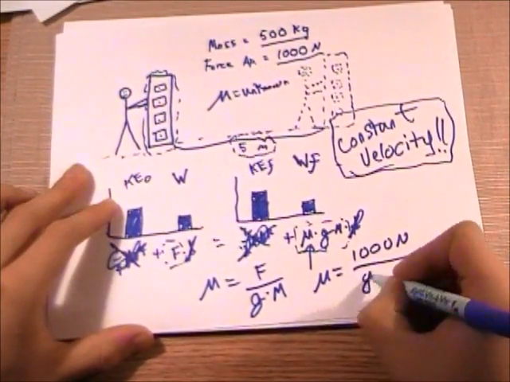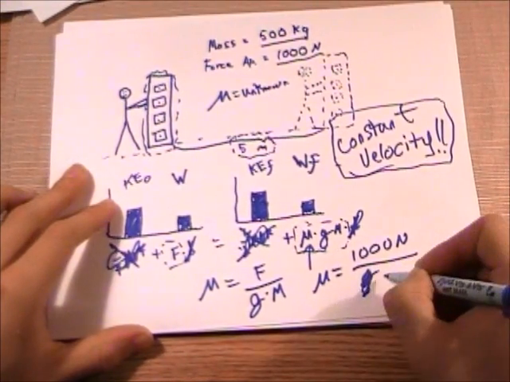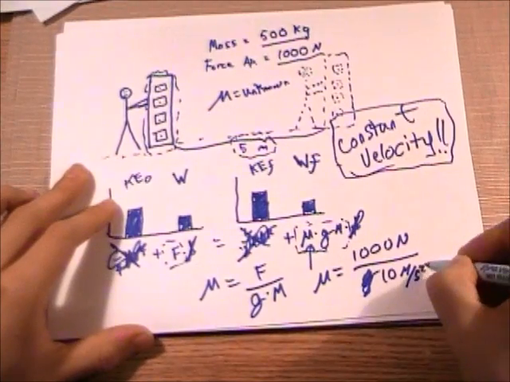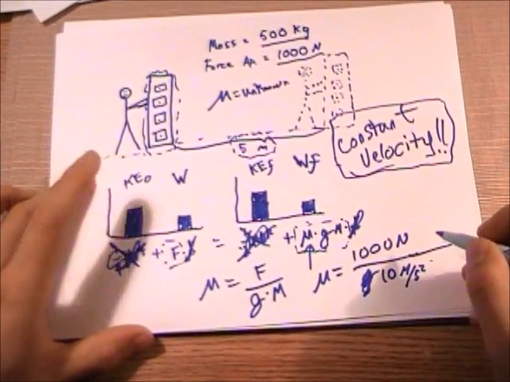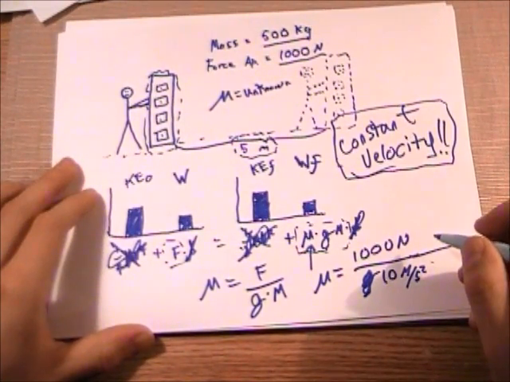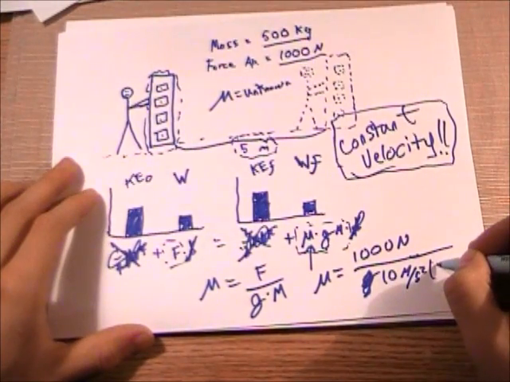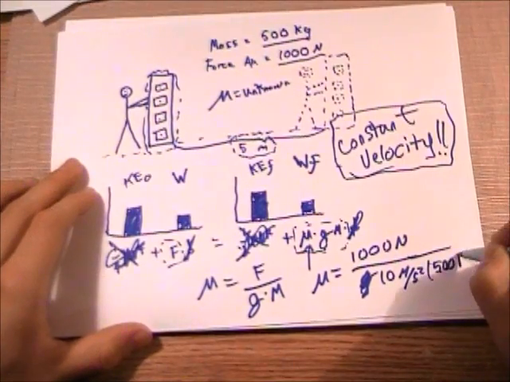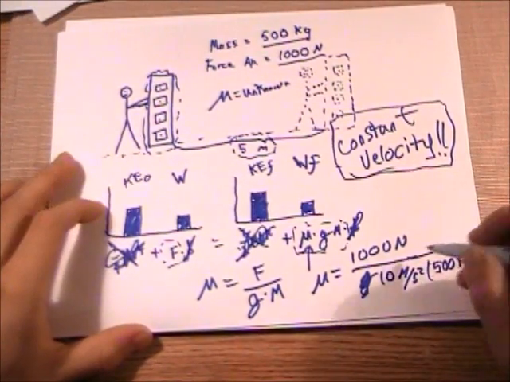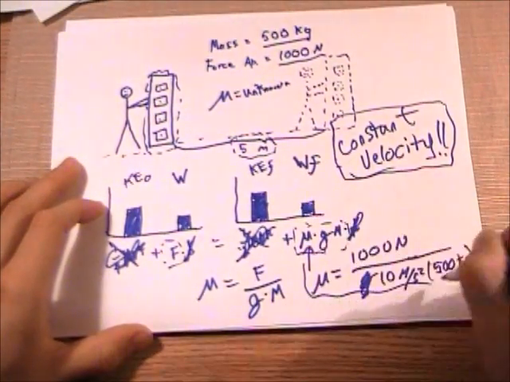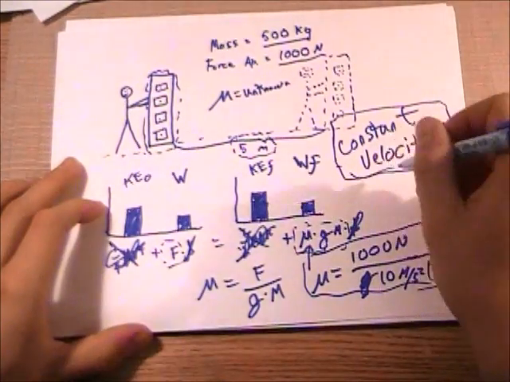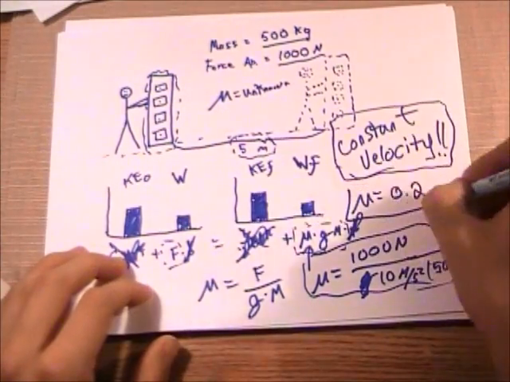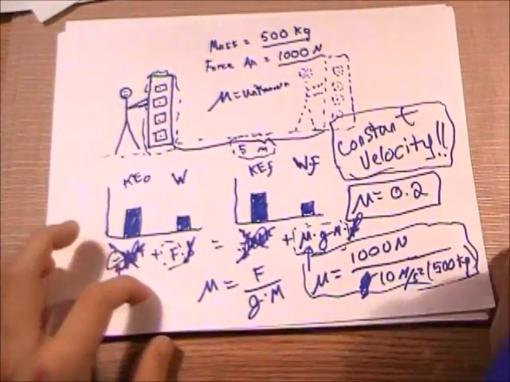We have gravity, and I'm doing numbers now, 10 meters per second squared, and then times our mass, which is going to be 500 kilograms here. So that is our calculation for mu. You can see that's very simple. Here is going to be 0.2. Can't do that in my head, that's bad.